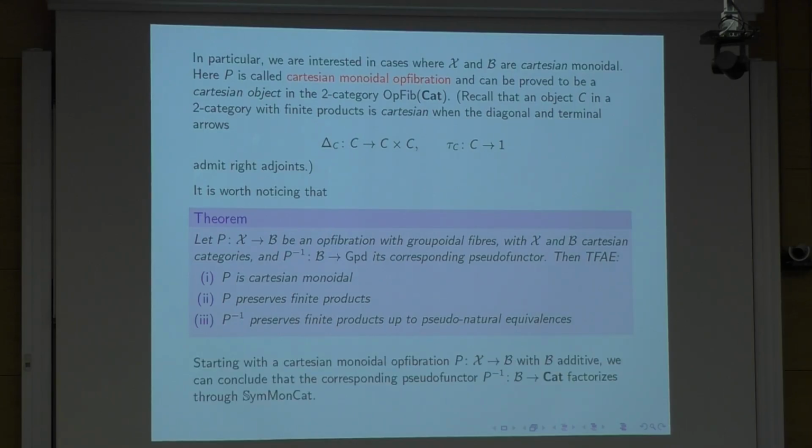So, starting with the Cartesian monoidal opfibration with B additive, we can conclude that the corresponding pseudo-functor factorizes through symmetric monoidal categories, because it is the corresponding pseudo-functor of a Cartesian monoidal opfibration, which means it is lax monoidal with respect to the Cartesian structure.